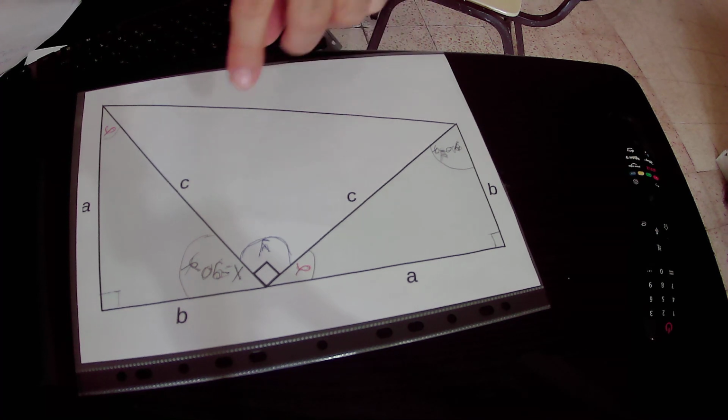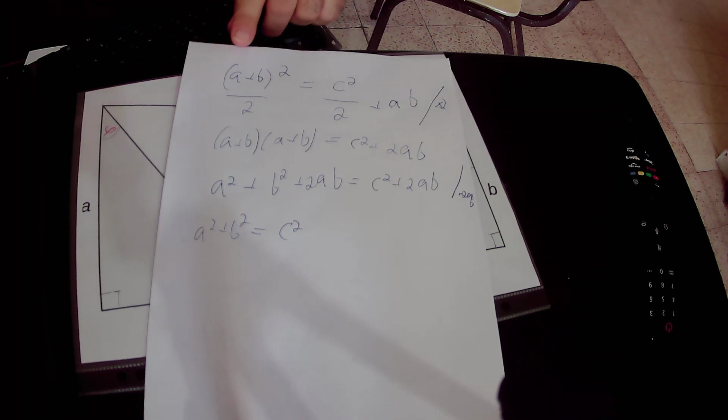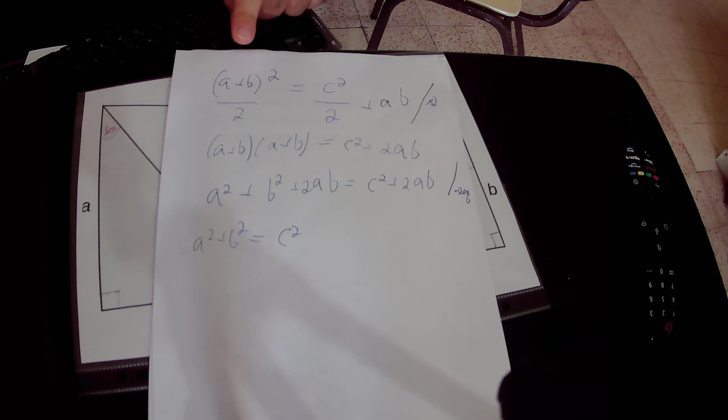First, the area is the sum of the parallel sides times the height divided by 2, that is A plus B squared divided by 2.